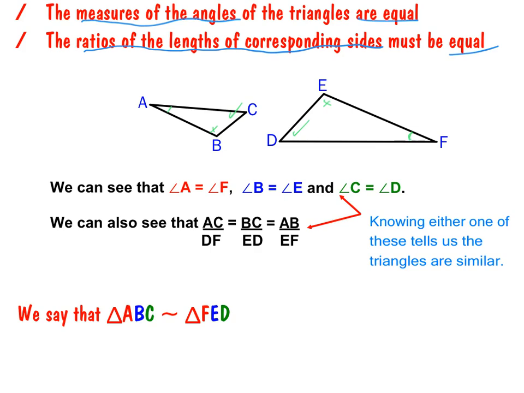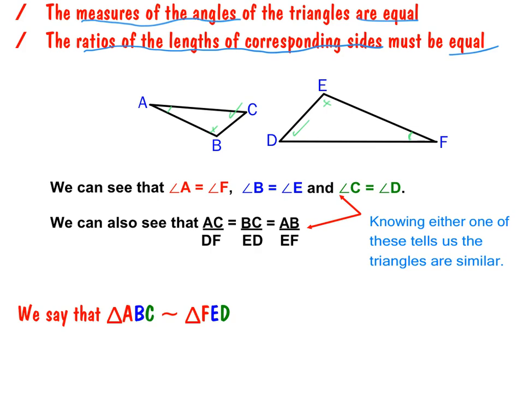What I mean by that is that if we take a look at, say, the side AB, AB is going to correspond with EF. Now, what we know is that AB is shorter than EF.